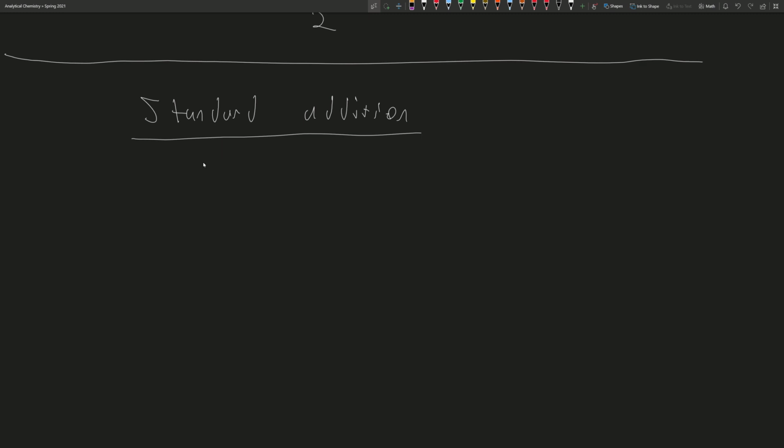Standard addition is the most difficult of all of these to do, and it provides a very rigorous proof that you do have the concentration that you are stating that you have. What standard addition is good for is for combating what are known as matrix effects.